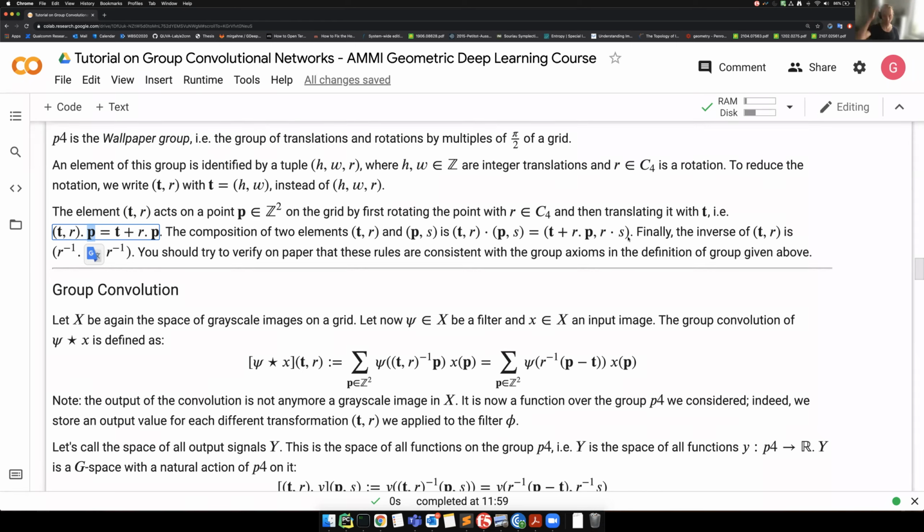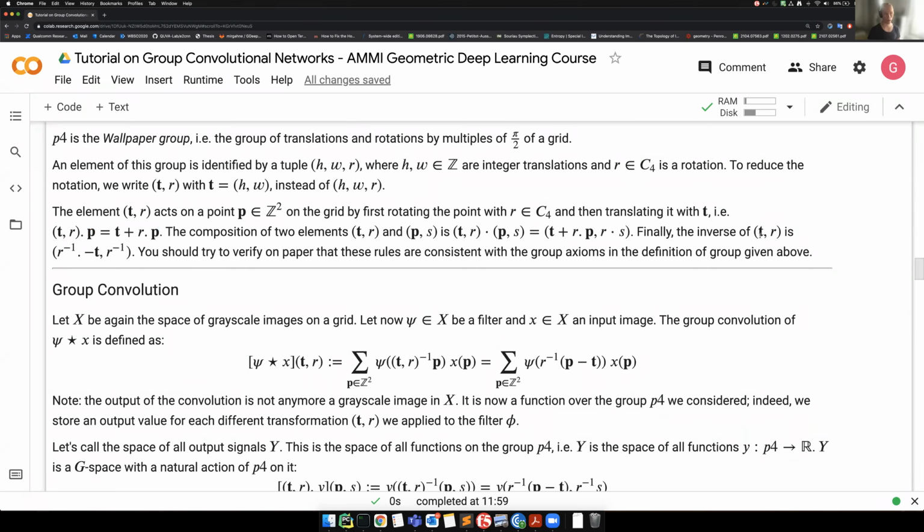So again, for all of these properties that I'm defining, I invite you to try it yourself. It's a couple of algebraic steps, and you can see a bit more clearly what these equations mean. And here I also give you the inverse.